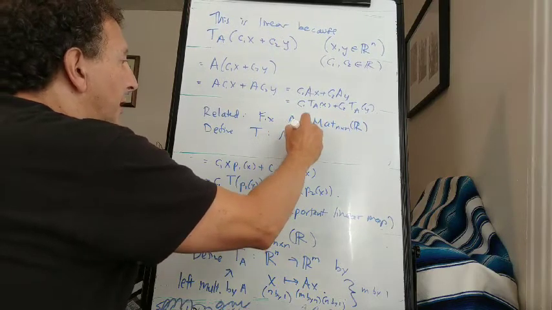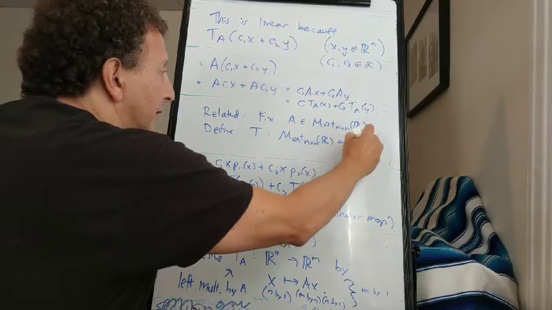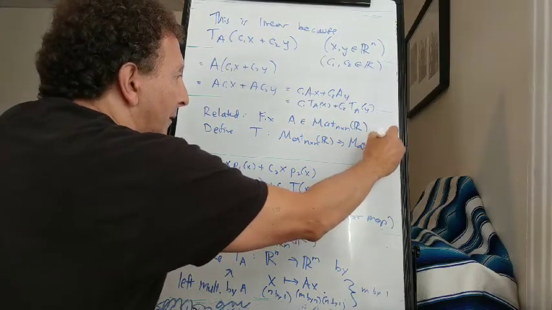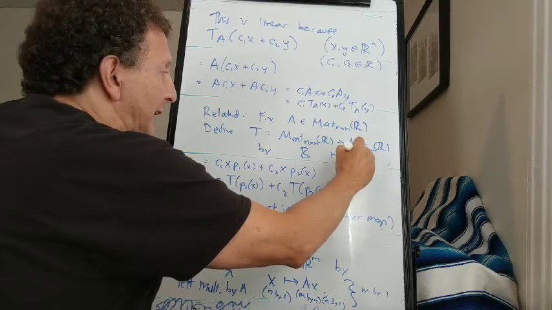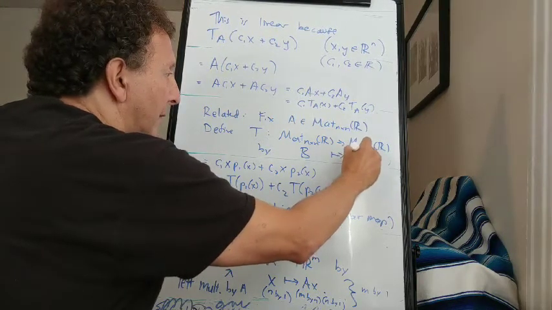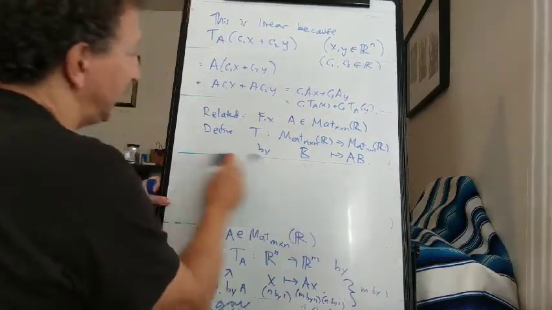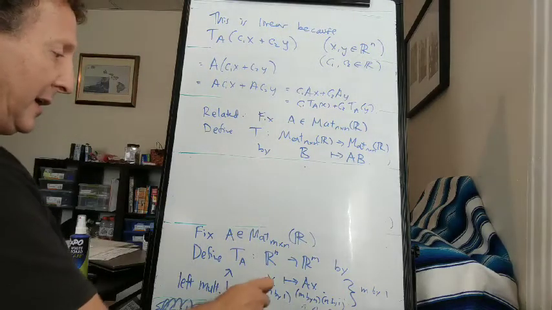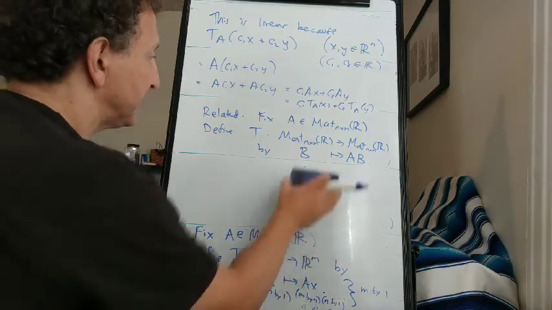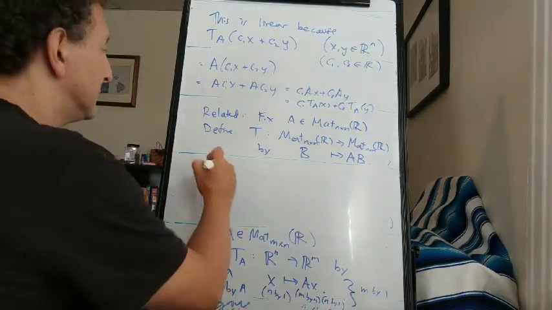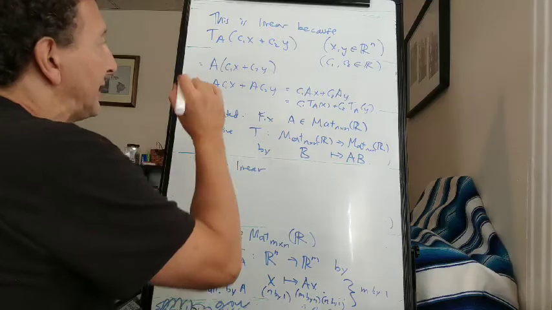And I'm going to define a map from n by n matrices to n by n matrices by taking a matrix B and left multiplying it by A. Very similar to the previous map where we're multiplying a vector on the left by A, but now we're multiplying a matrix on the left by A. Now this is linear for the same reason.